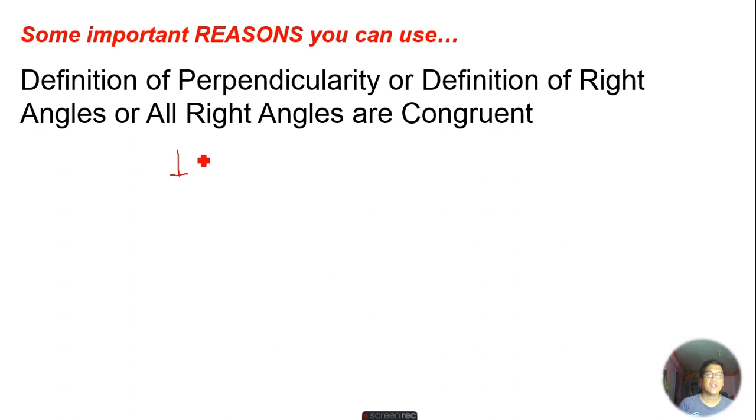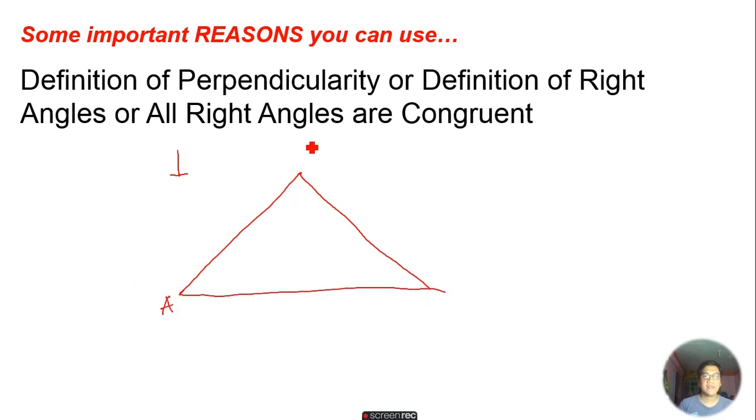If I draw a triangle ABC and drop a line segment there, and I name it BD, I can say that BD is perpendicular to AC.